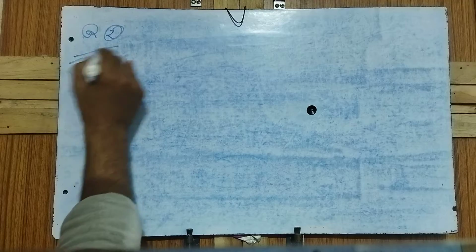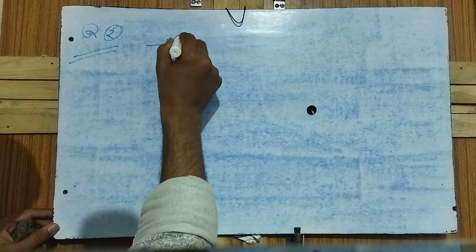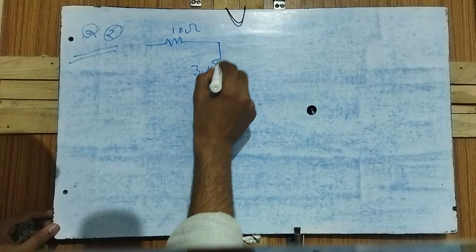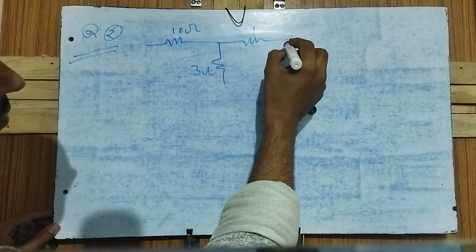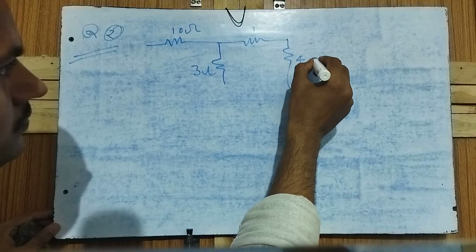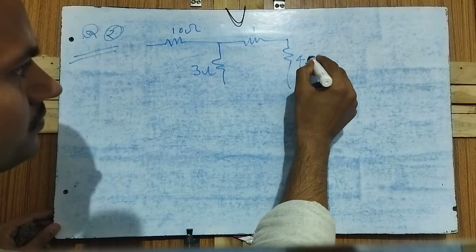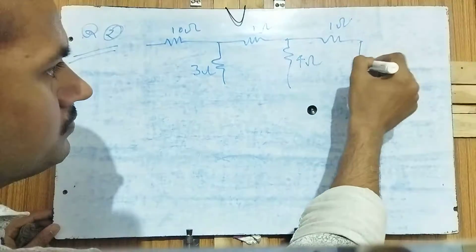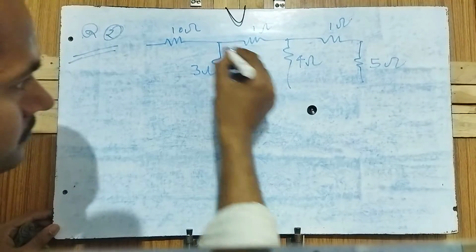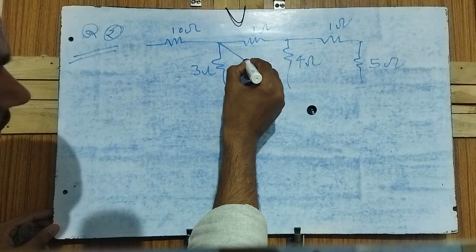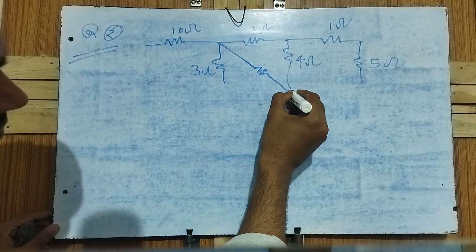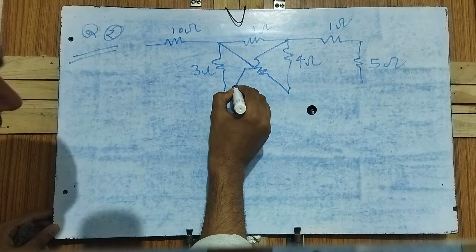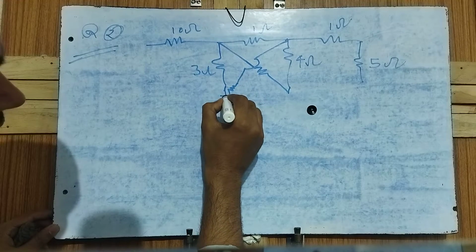It is 10 ohm, 3 ohm, 1 ohm, 4 ohm, again 1 ohm, and 5 ohm, and here the lines are crossing each other.